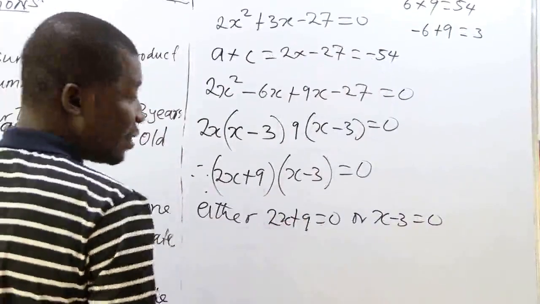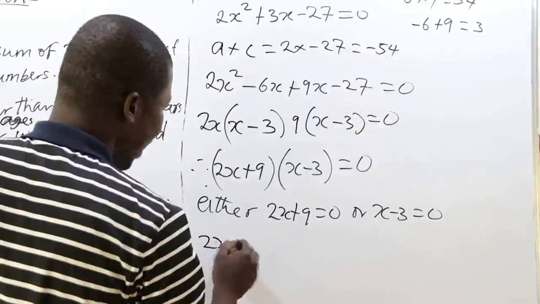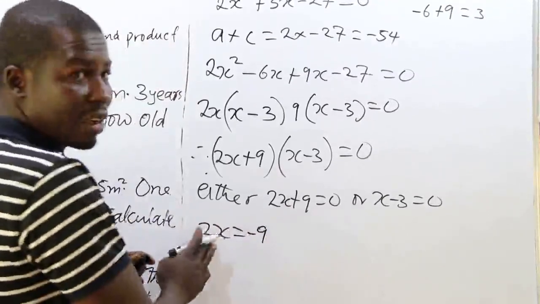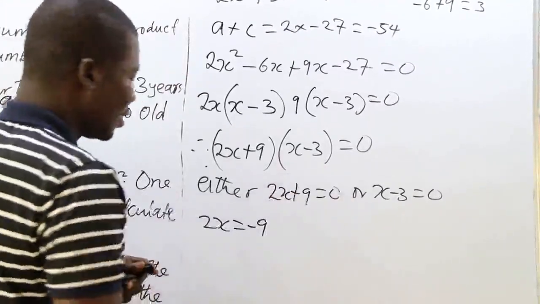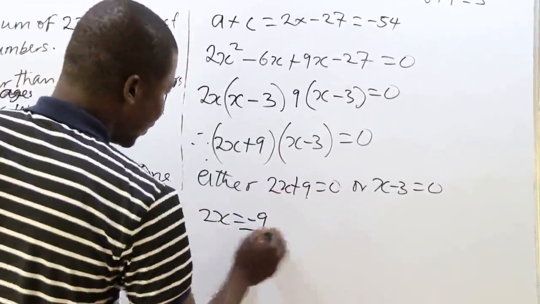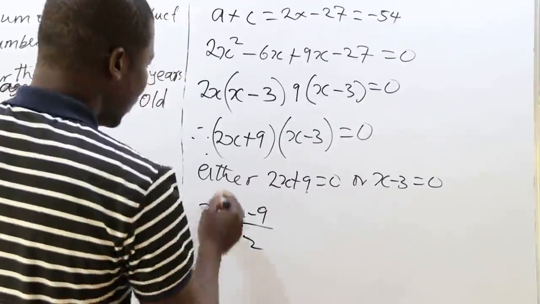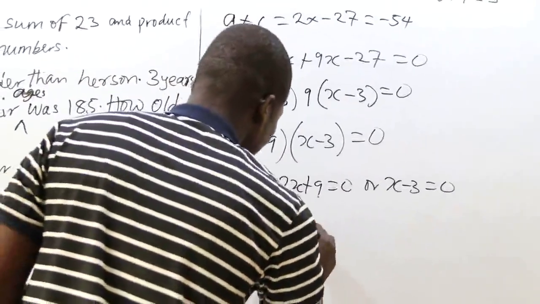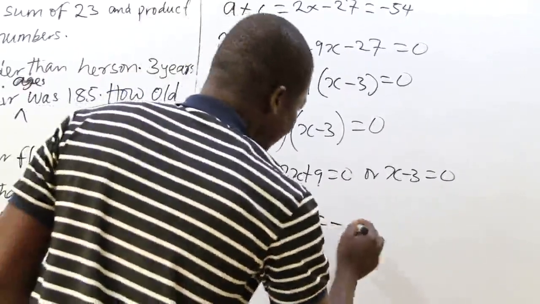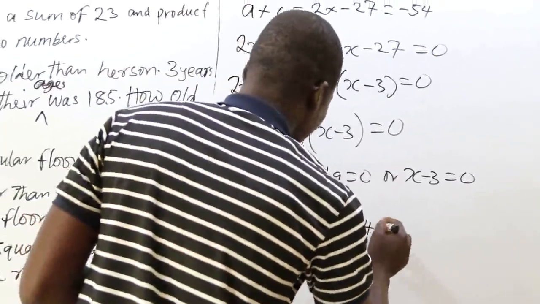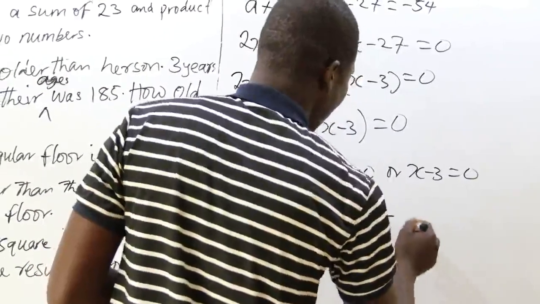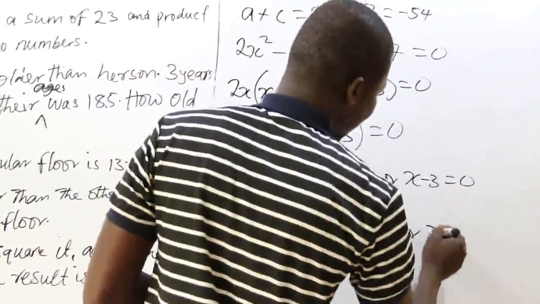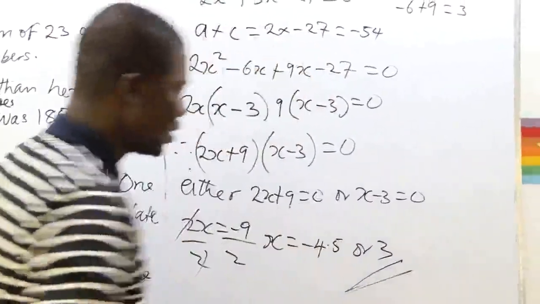Then, to make x the subject of the formula here, we have 2x equals minus 9. We take 9 across the equality sign, and it will become negative. Divide both sides by 2. Our x here is going to be minus 4.5, or taking this one across the equality sign, positive 3.